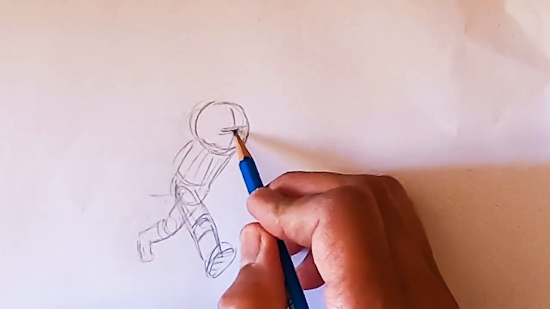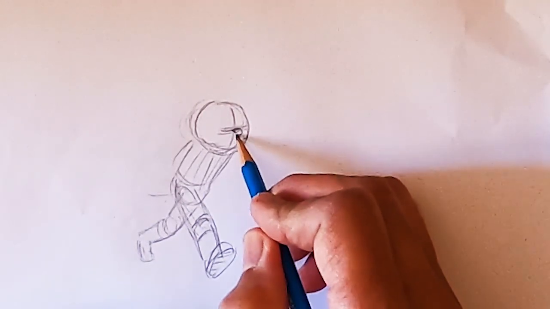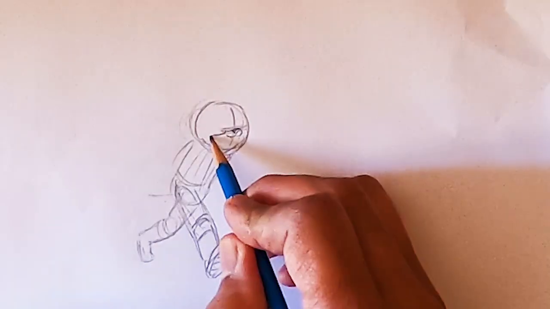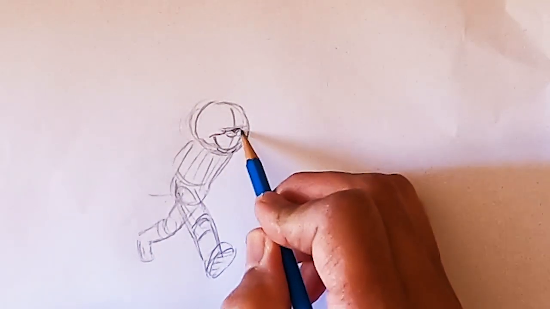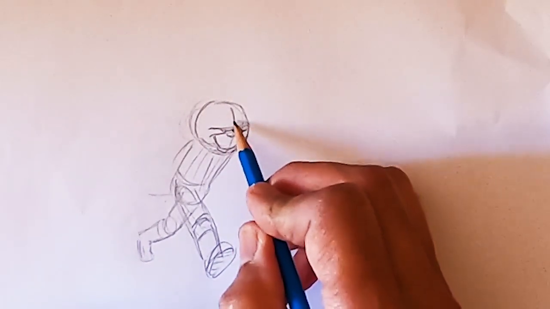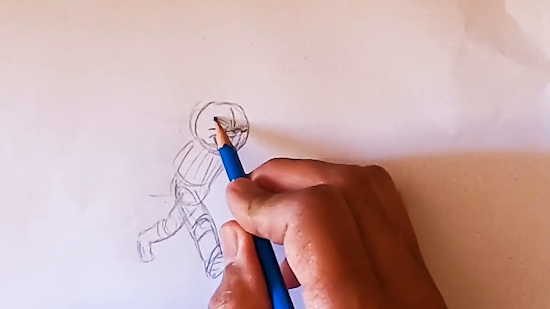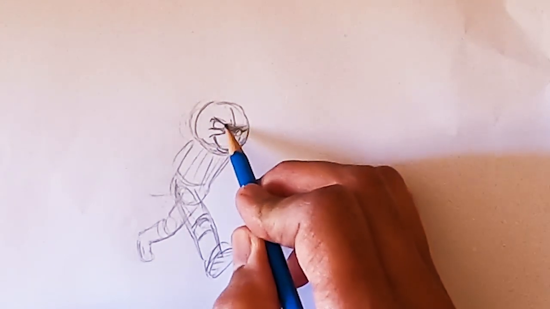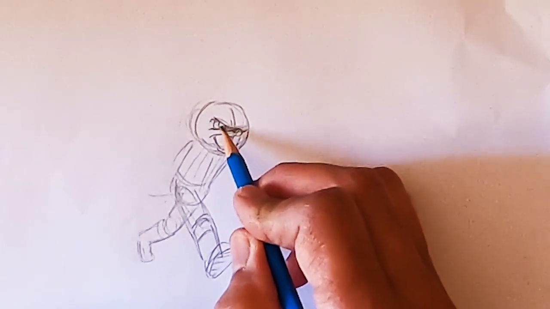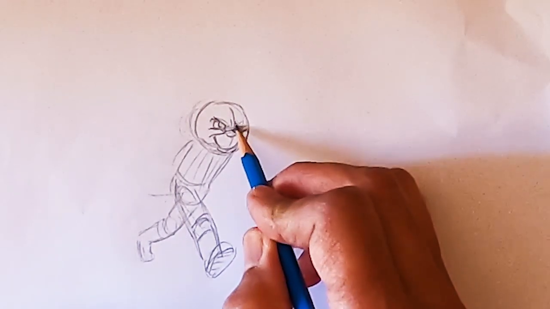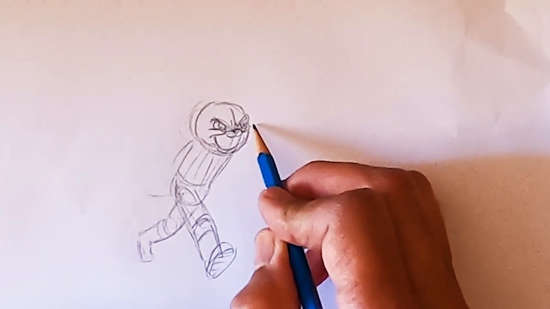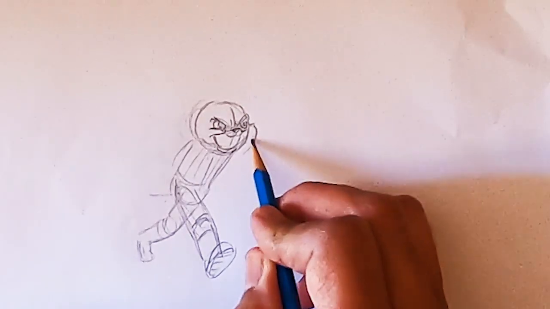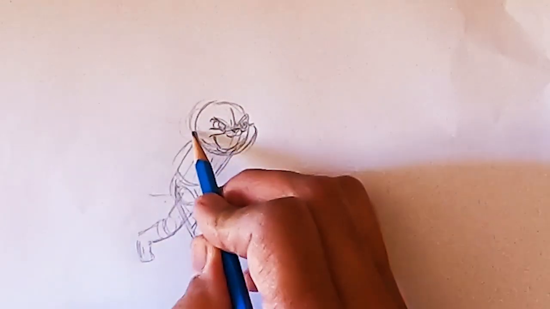And I just draw lightly with this pencil. There's no need to get really heavy-handed as you're doing these types of drawings. And then his fur comes down like this, under his chin.